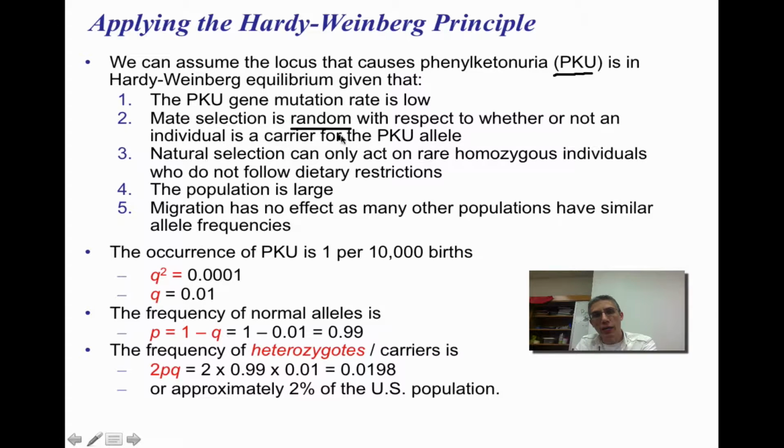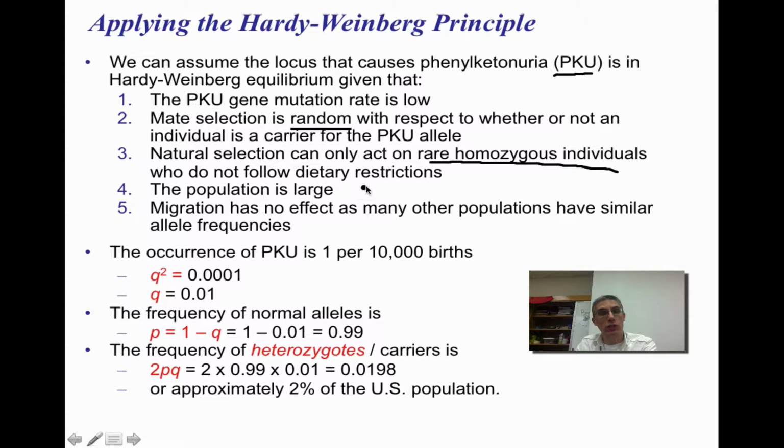In other words, we can't have individuals reproducing who know for a fact that they're going to produce children with PKU. Number 3 is that natural selection can only act on rare homozygous individuals who do not follow dietary restrictions. In other words, most people, if they are diagnosed with PKU, will be following their strict diet.